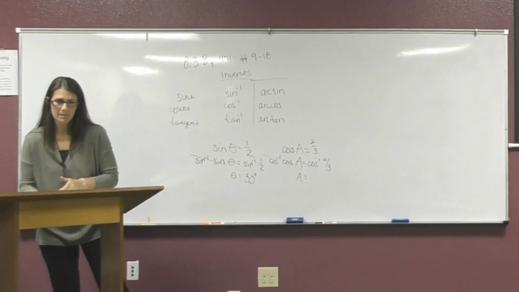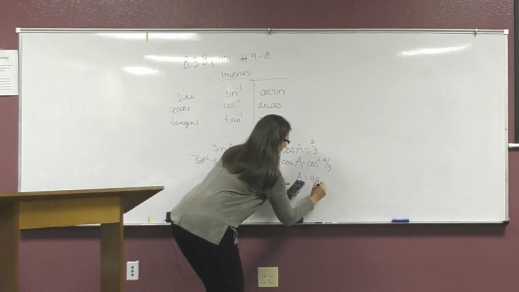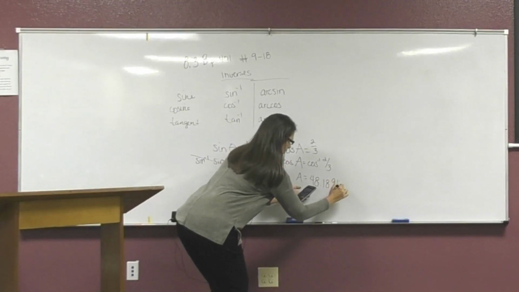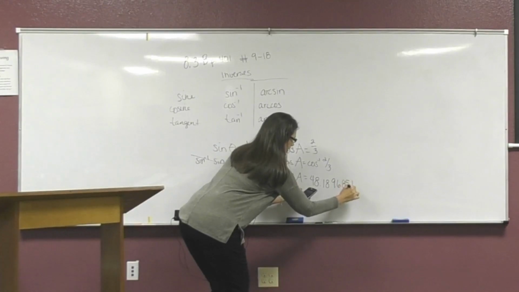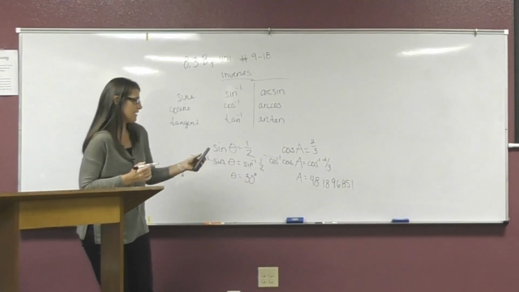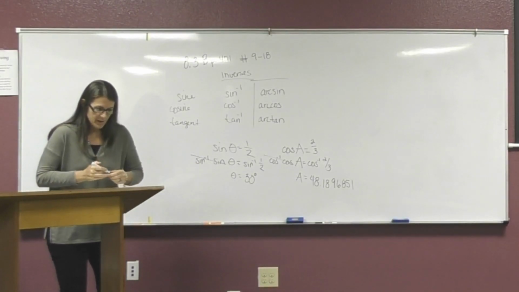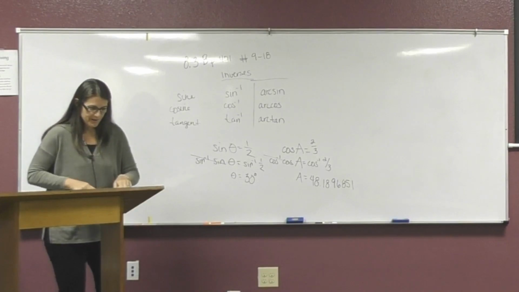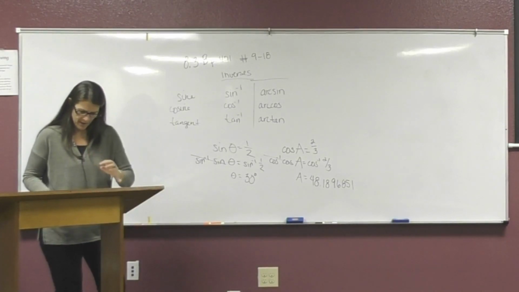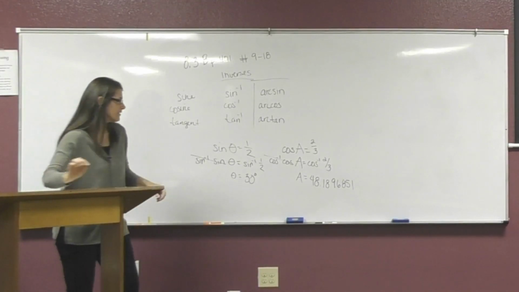So let's talk about rounding. So this spit out 48.1896851. Okay, now what do? The directions say to round 3 decimal places if necessary.